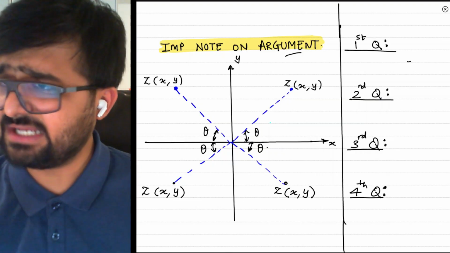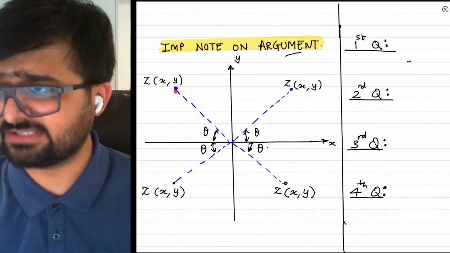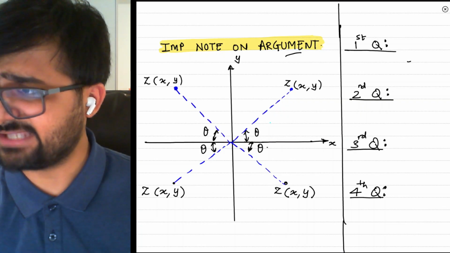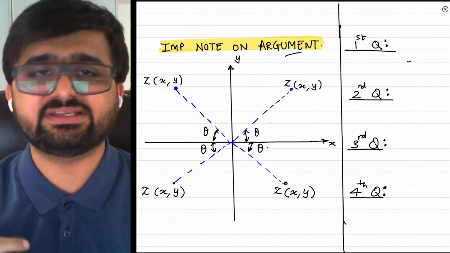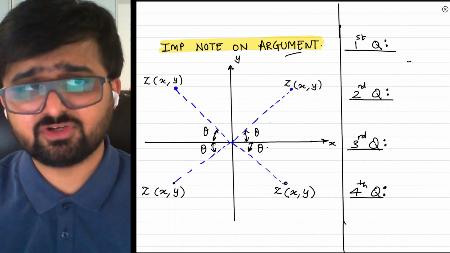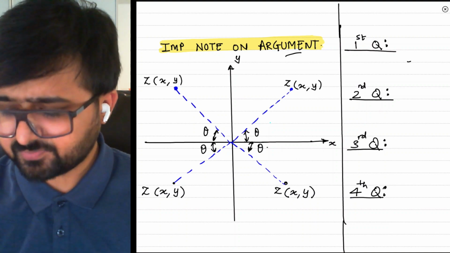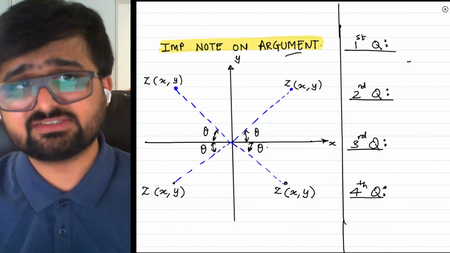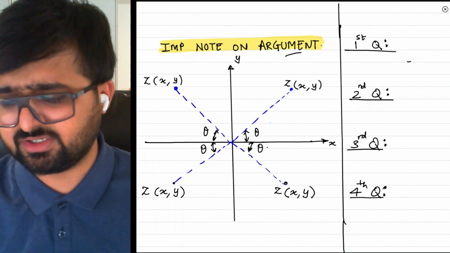All right, now let's see how your argument, or the angle that your complex number makes with the positive x-axis, changes based on which quadrant your complex number is in. We already saw in the first quadrant that your argument is tan inverse y by x. However, the argument is not always tan inverse y by x. It changes based on where your complex number is.